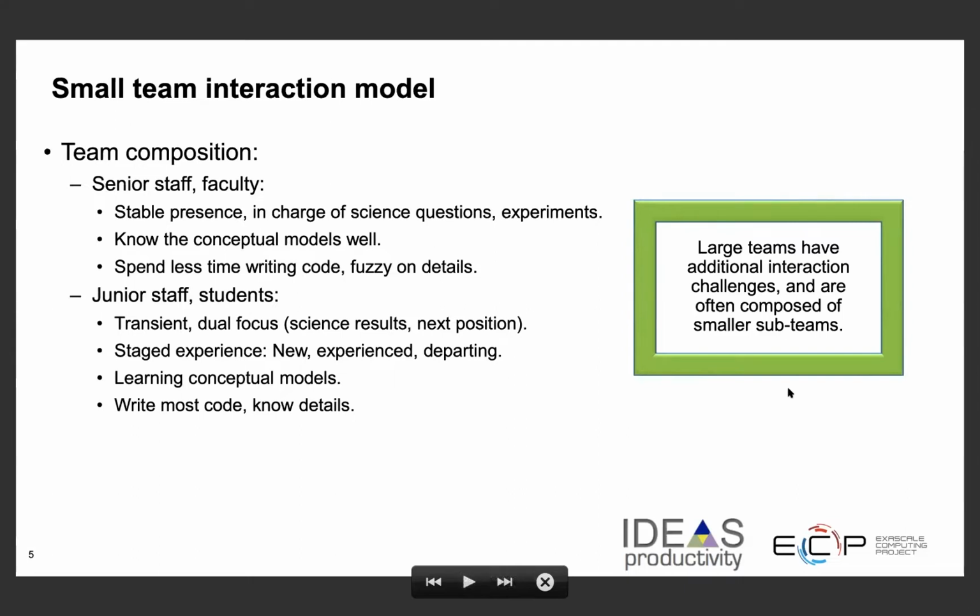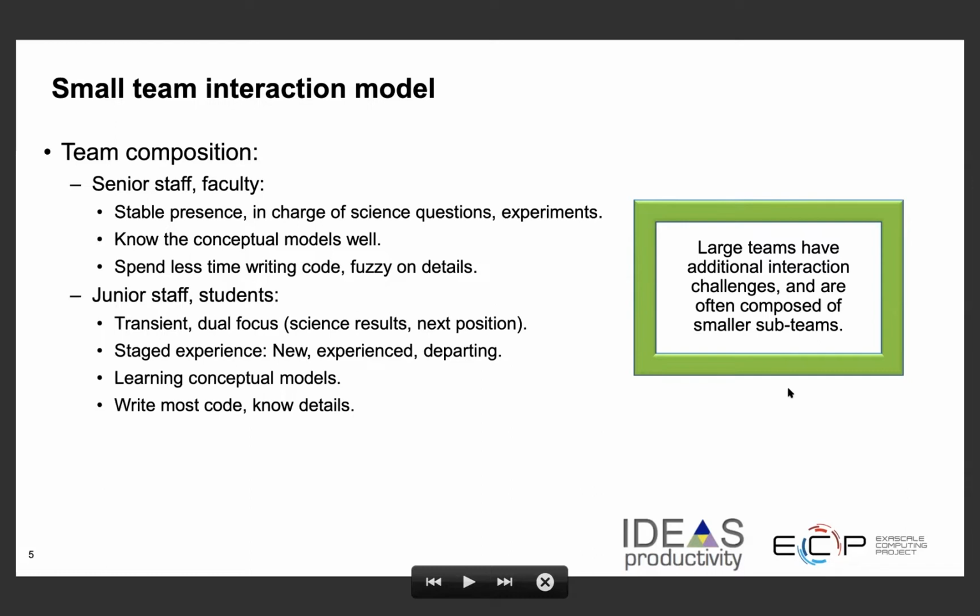We have a wide variety of attendees here, and a lot of us work with small teams very frequently. Small teams, as the name says, are small, which means in an academic setting there might be one faculty member or a PI and several junior members, who may be postdocs or students, depending on the environment.